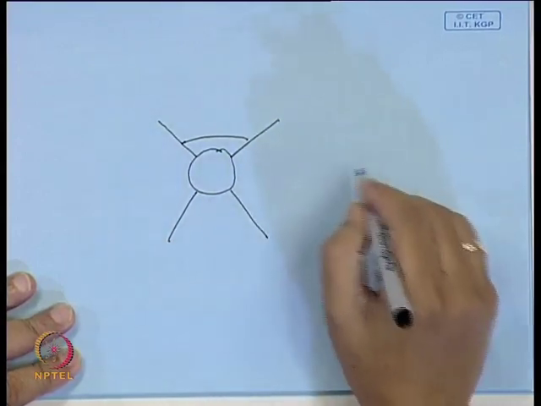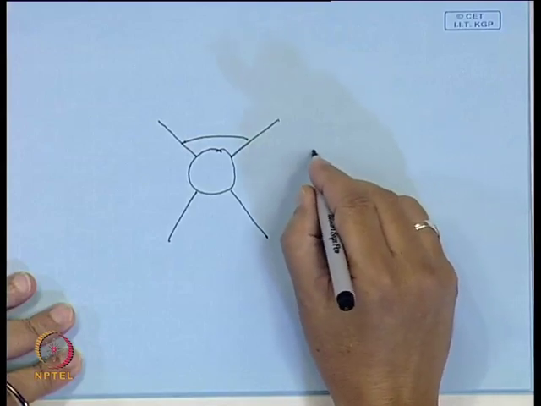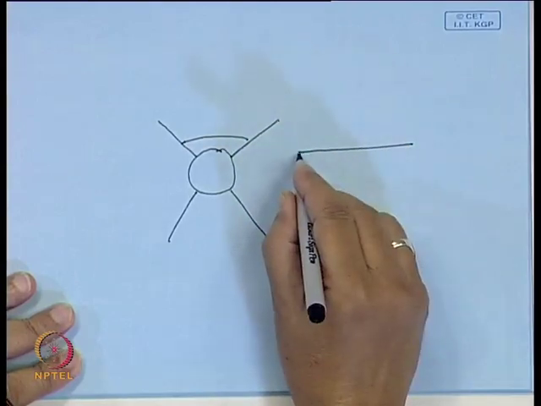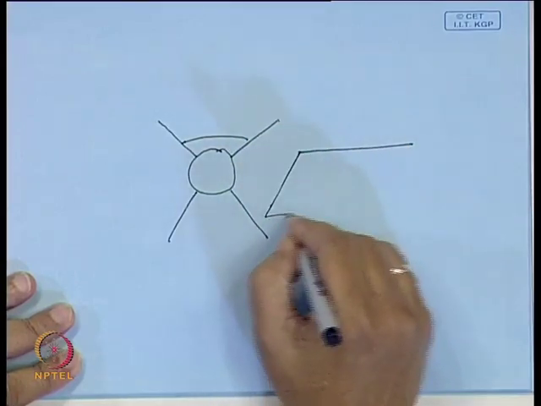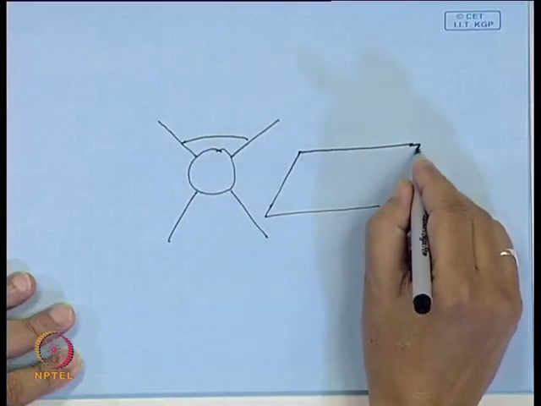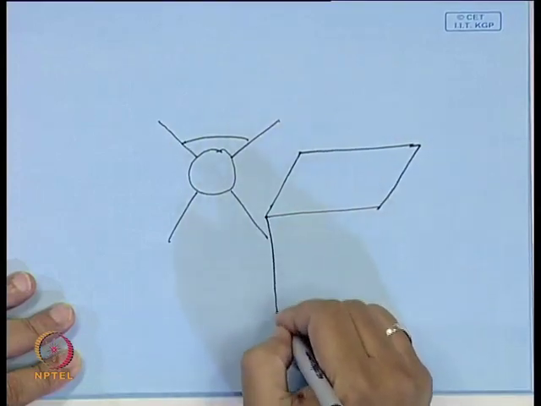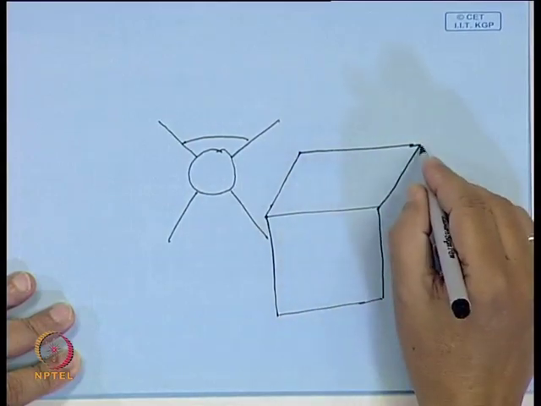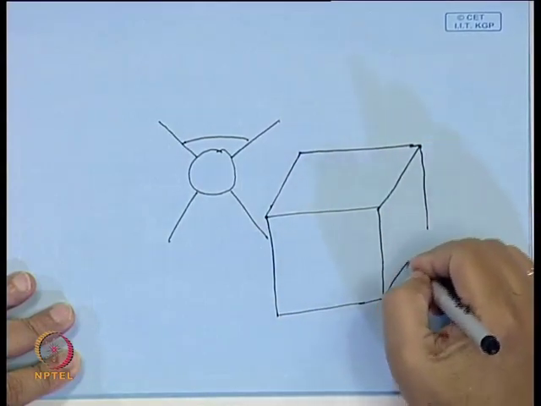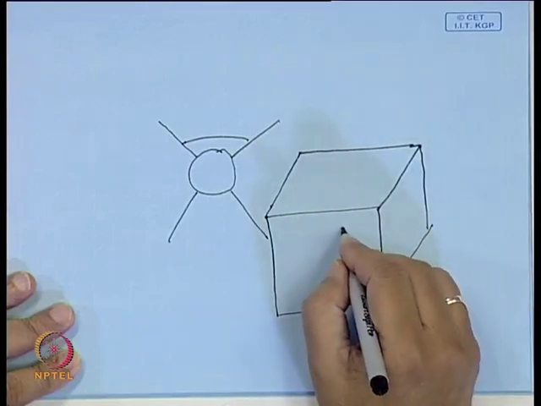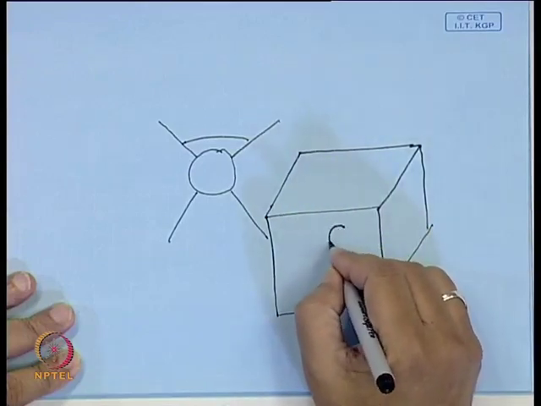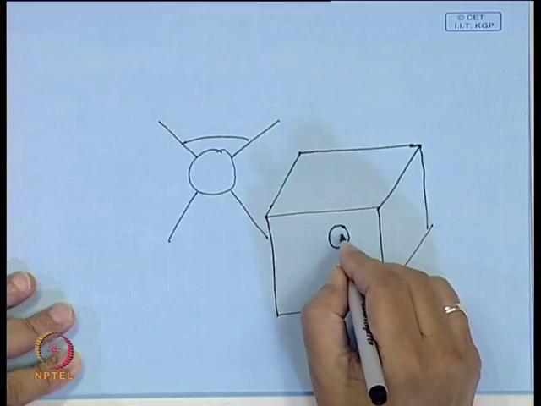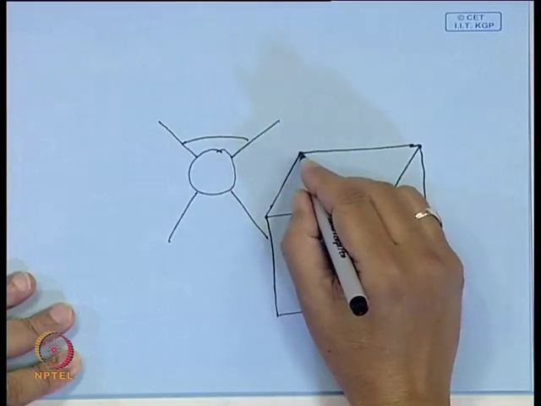The way this can happen is, imagine that you have a cube, and this carbon atom is located at the center of the cube.